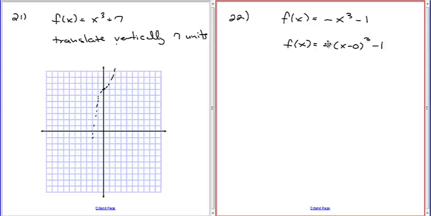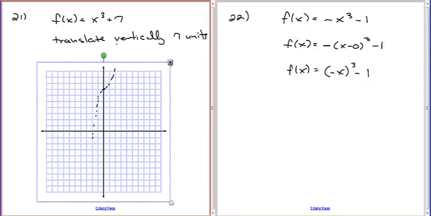And what that tells you is you reflect across the x-axis when the negative sign is out here. Now, if you had, say, negative x quantity cubed minus 1, then you would reflect across the y-axis. But in this case, it doesn't make any difference, so we'll show that. But this is the one that we're looking at, this one right here.